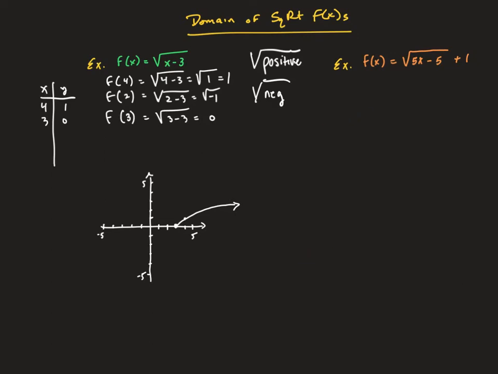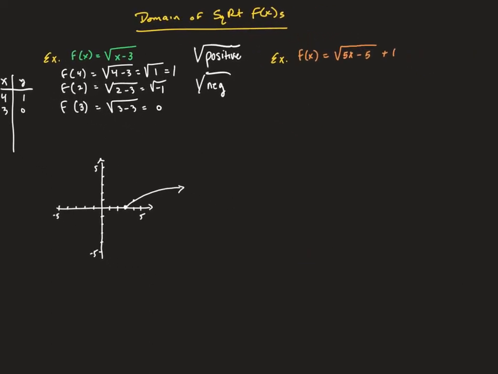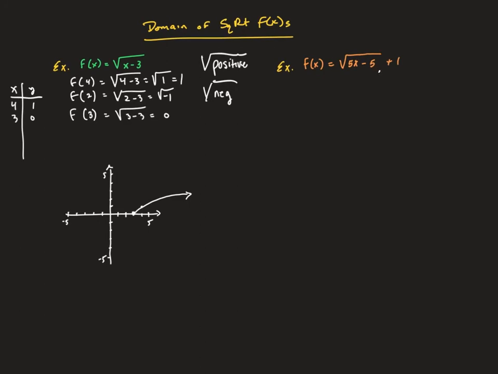So if we look at this other example here, what is the domain of this function? Well, remember, my domain has to be whatever is going to make that greater than or equal to 0. So I could say, well, 5x minus 5 has got to be greater than or equal to 0, because it can't be negative. It can be 0, but it can't be negative.